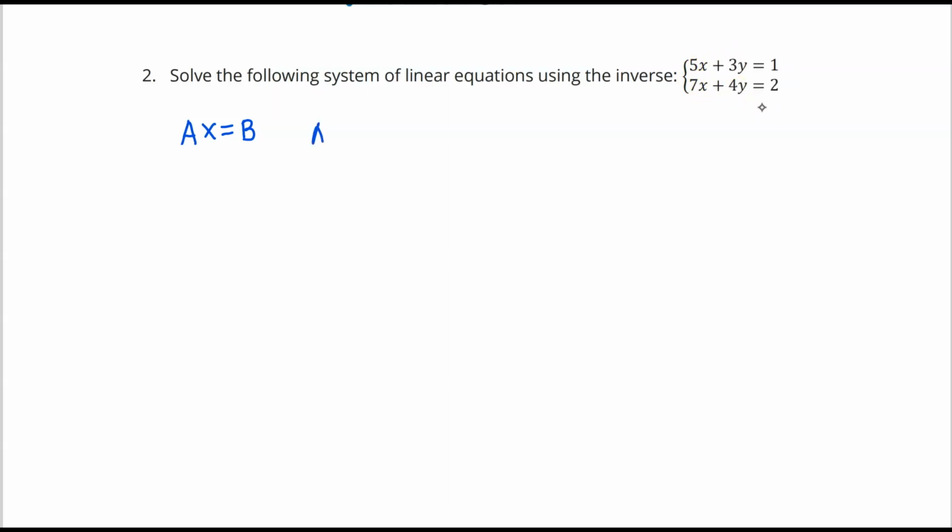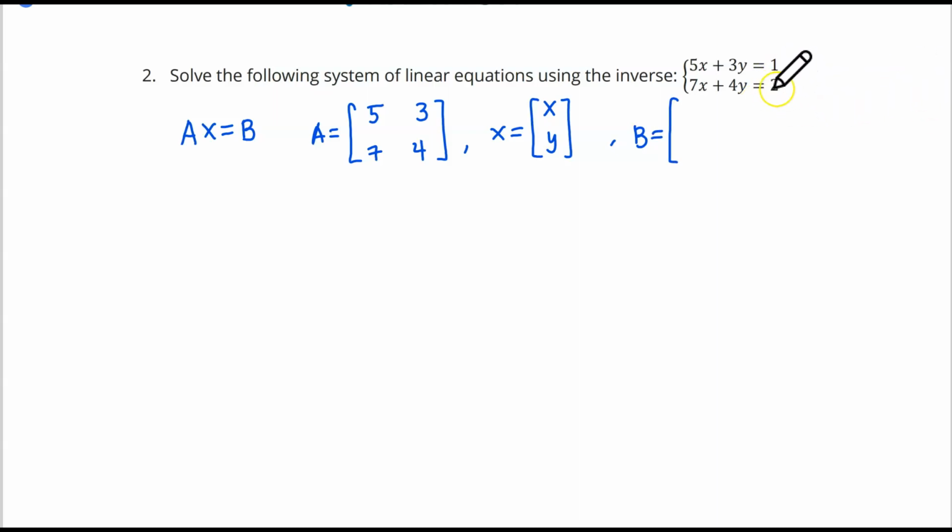So your matrix A in this case is 5, 3, 7, and 4. And then the X is the variables used. So X is just the column matrix X, Y. And then matrix B is the column matrix involving all the constants used. So that is 1, 2.